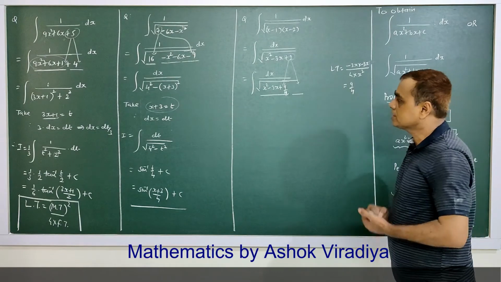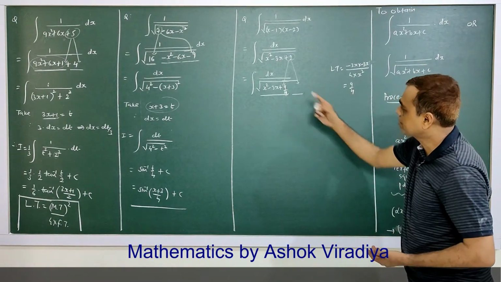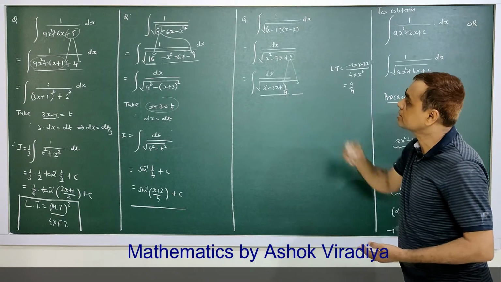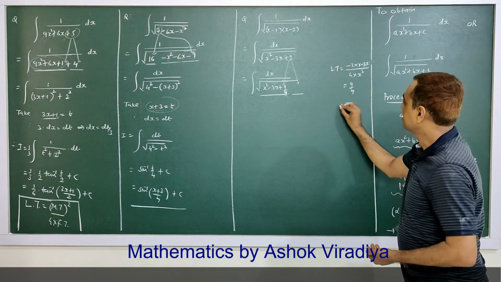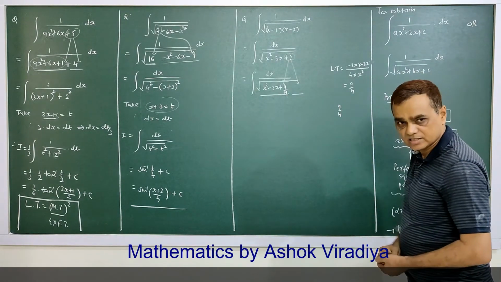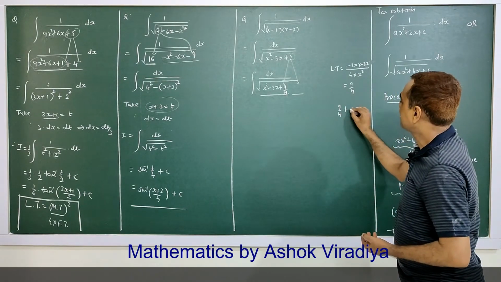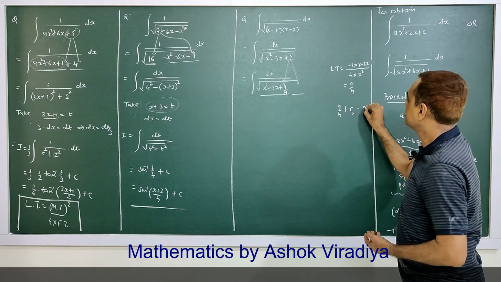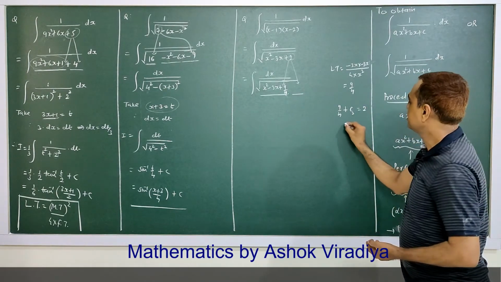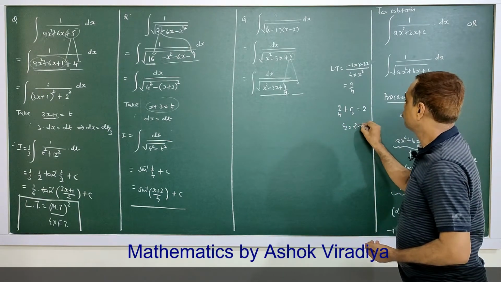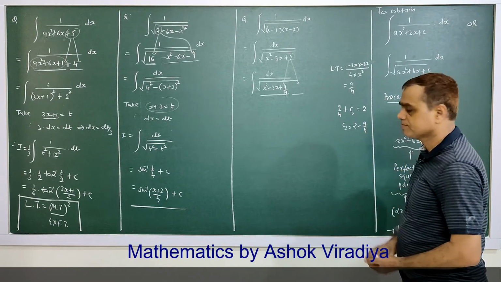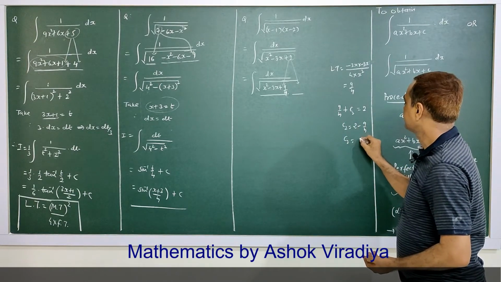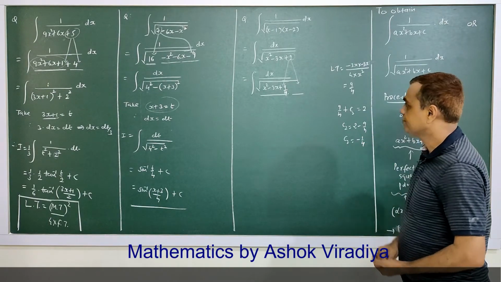Now we want plus 2. The second part plus the first part should sum to plus 2. So say 9 by 4 is C1, the second part is C2. 9 by 4 plus C2 is 2. So C2 is 2 minus 9 by 4. So C2 is 8 minus 9, minus 1 by 4.